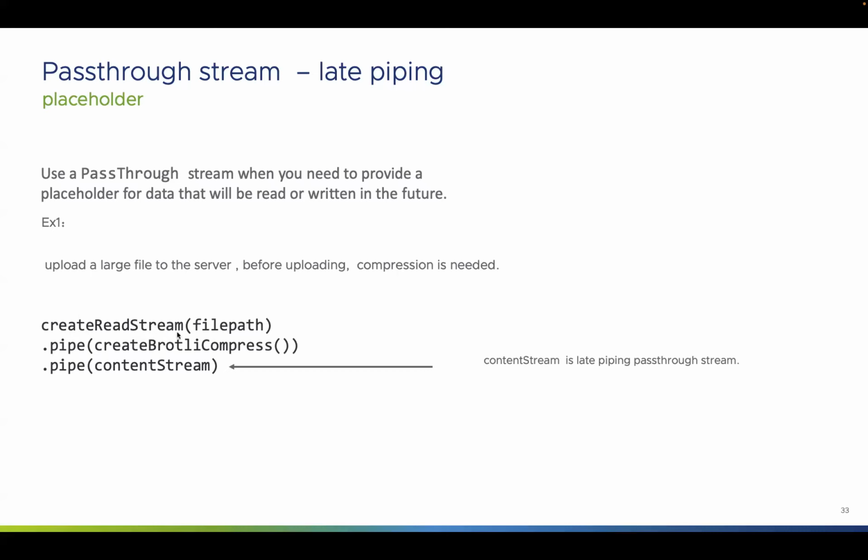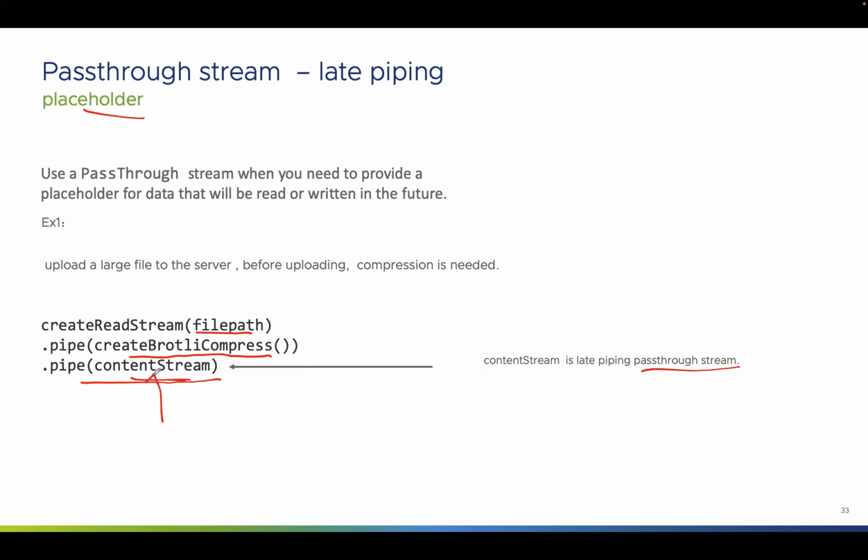We create a read stream from a specific file name, and then we pipe the data into a compression mechanism, in this case Brotli compression. Then we compress the data into this content stream, which is our placeholder, our pass-through stream.